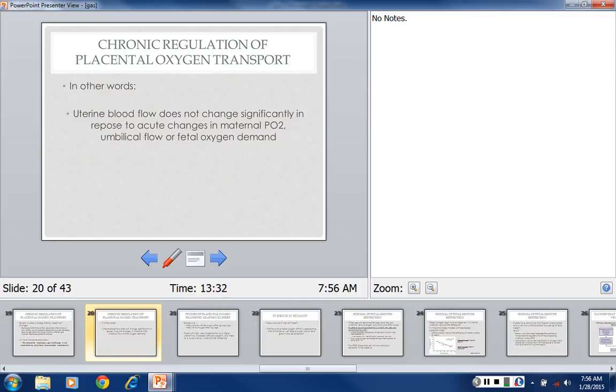So in other words, uterine flow does not change significantly in response to acute changes in maternal PO2, umbilical flow, or fetal oxygen demand. Thus, the placenta will always kind of get what it needs, but again, remember, sometimes if the placenta isn't the right size, then it'll affect the fetus, but the placenta will get what it needs.